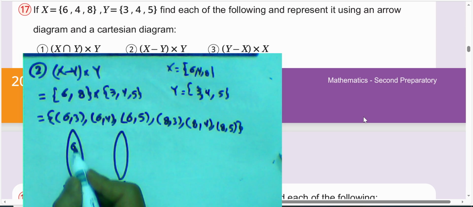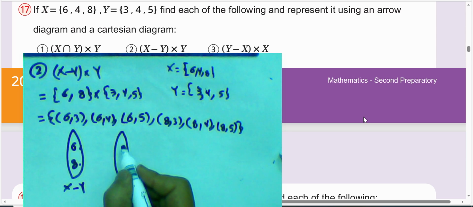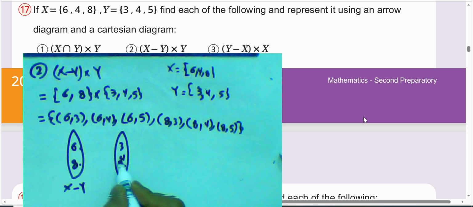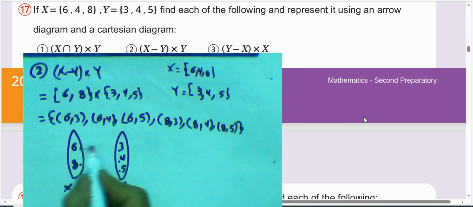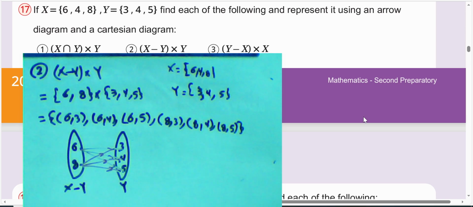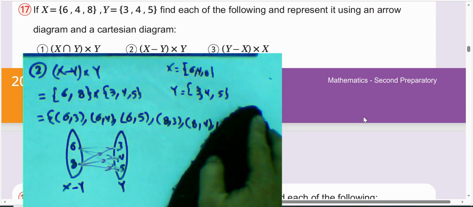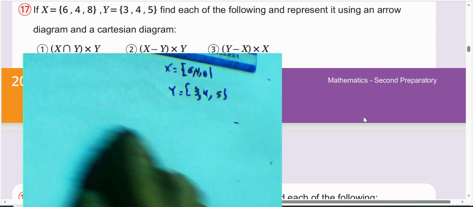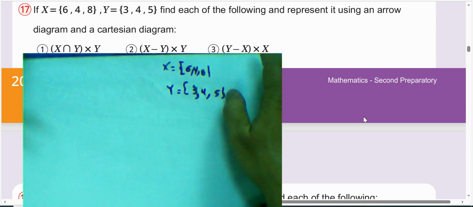I write here 6 and 8. And the second 3, 4, and 5. And then draw the ray from first to second, like this. Okay, it's question number what? Number 2. This is question number 3.